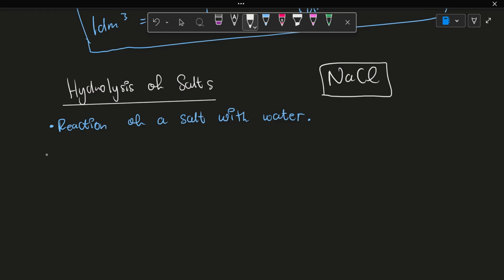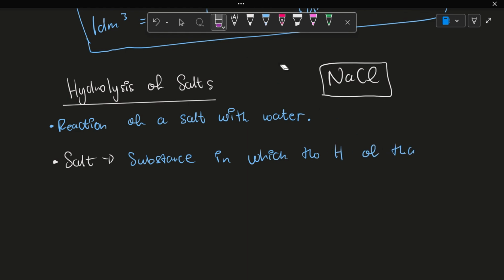So let's look at this. By definition of a salt, what exactly is a salt? A salt is a certain substance in which the hydrogen of an acid is replaced by a certain metal.